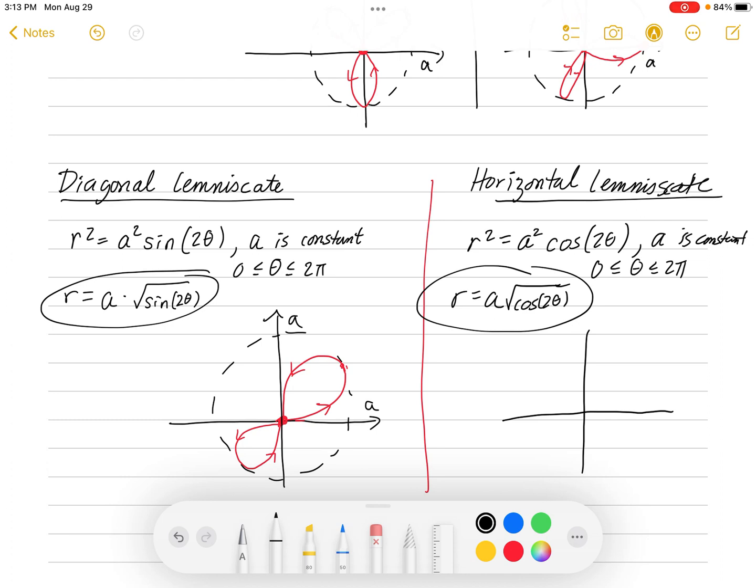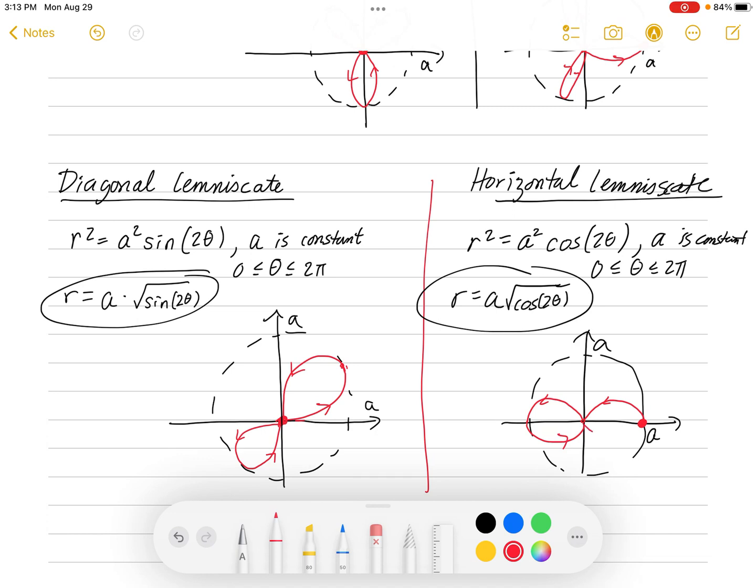So I'll begin my graph with a vertical and a horizontal axis. Circle of radius a. And I'm going to inscribe into that my polar curve here. I'm going to start here at the angle 0 and the radius of a. I'm going to start a part of a loop, then go to the origin, and finish a loop on the left side.